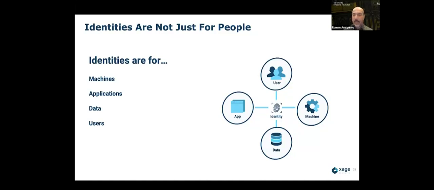They're verifiable. They're issued by an authority. They can be managed by that authority and revoked by that authority as well. And they're portable. Unlike IP addresses and MAC addresses, you can use an identity across various layers of the network and utilize it for authentication and authorization.